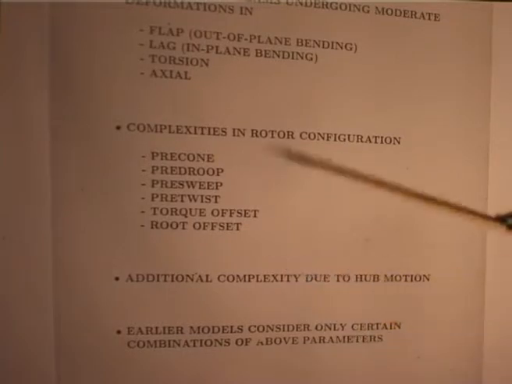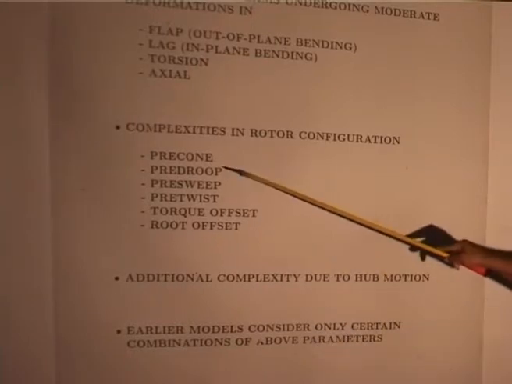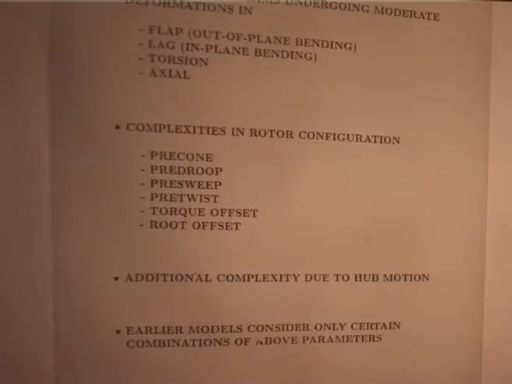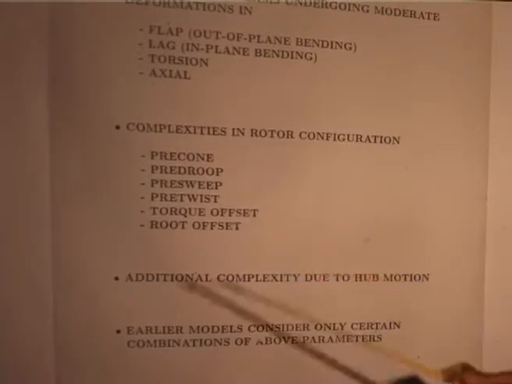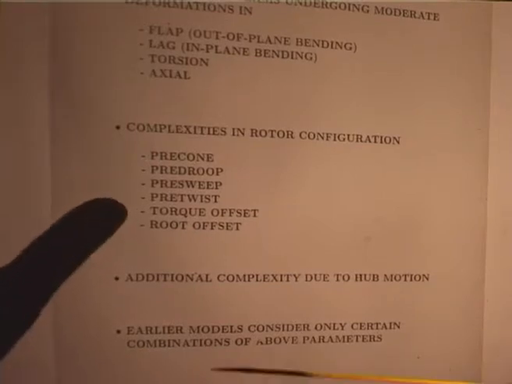In the earlier formulation, they only take pre-cone, which we have denoted beta p, just very simple, but not all the other quantities. Root offset, I will show you, we take that. Key things they will take, but when you want to take all of them, the derivation becomes messier. But now you can take all these quantities in your blade model.